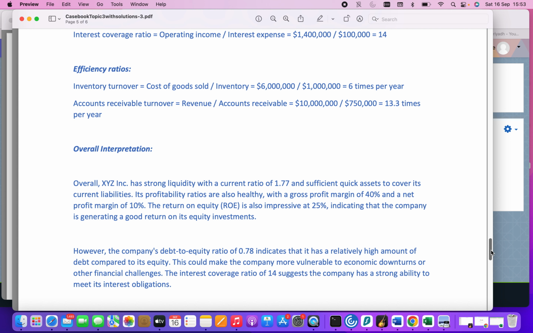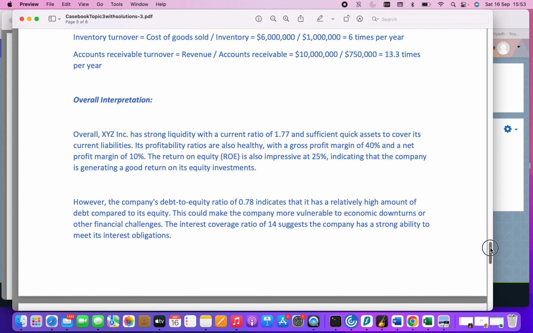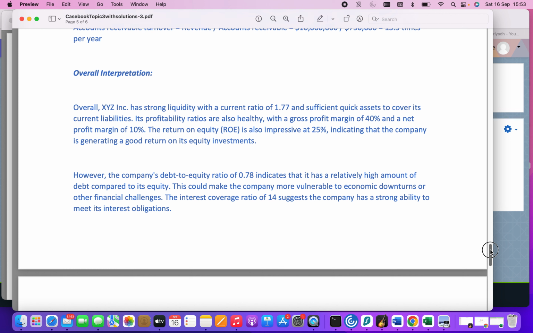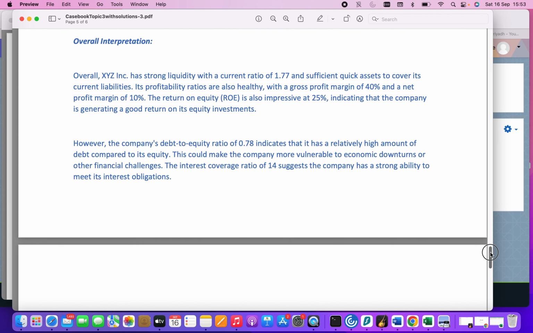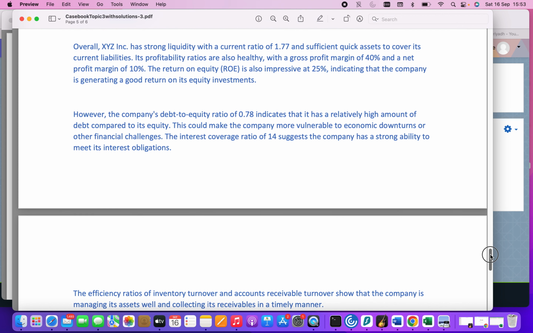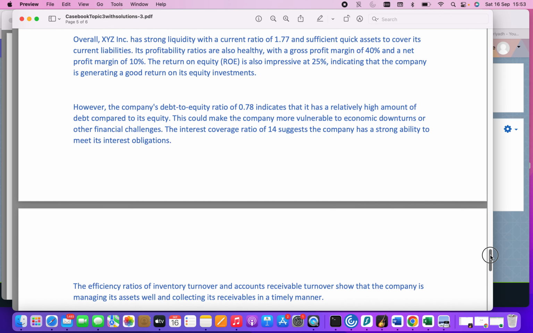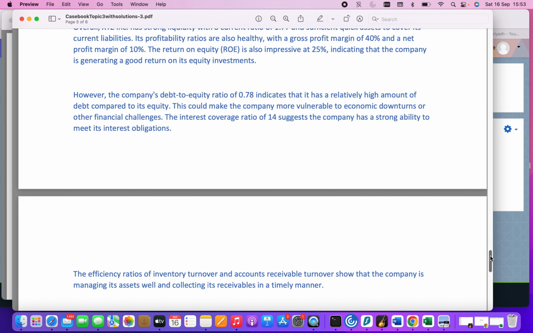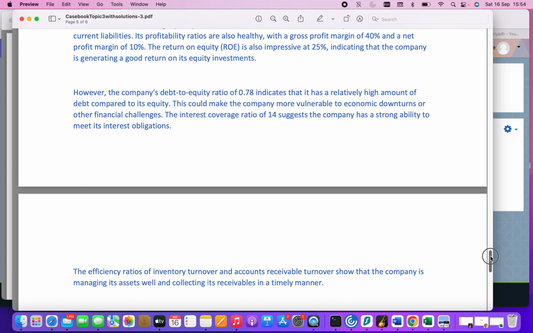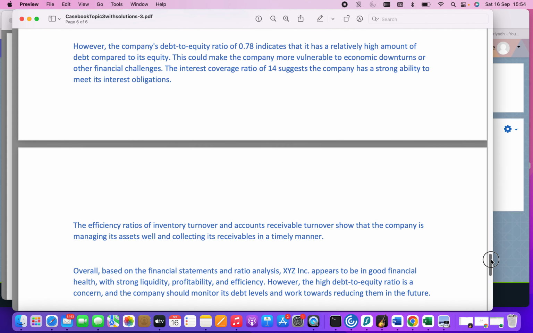So it can be quite vulnerable if there's a major downturn or any other kind of challenge. But the interest coverage ratio tells us that it should be able to weather a regular storm. Maybe not so much in the very worst of storms, but it looks fairly good. And the efficiency ratios tell us that the company is managing its assets well and collecting its receivables in a timely manner.